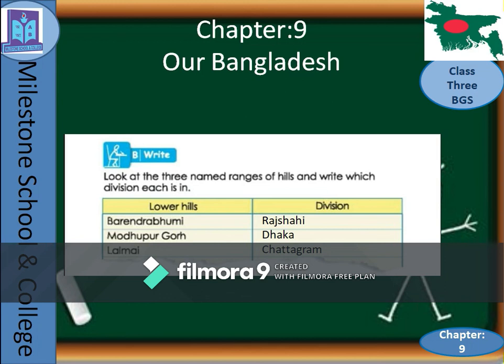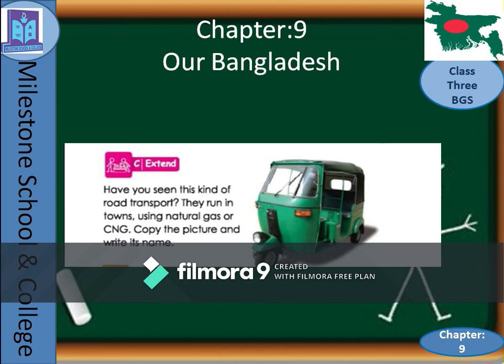Okay. So let's go to the next section. Next section is C. Have you seen this kind of road transport? They run in towns using natural gas or CNG, compressed natural gas. Copy the picture and write its name.